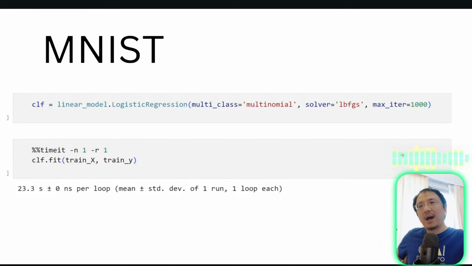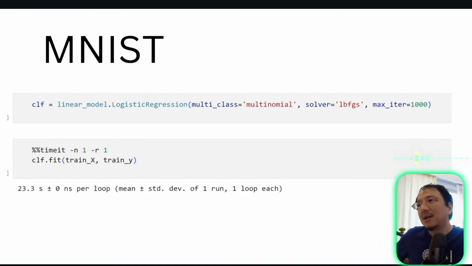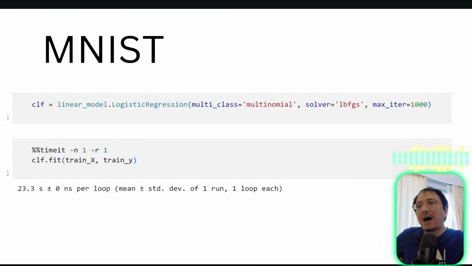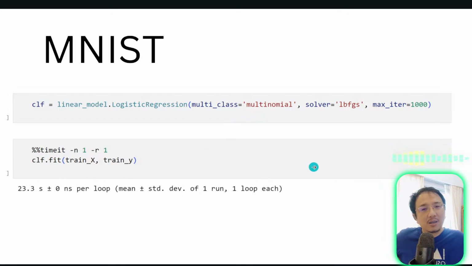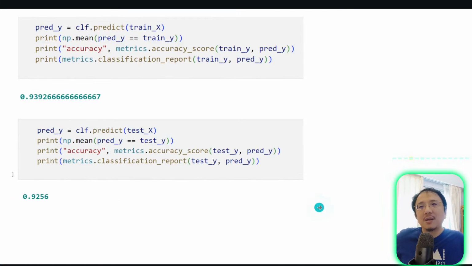Okay, finally, we can also apply logistic regression on MNIST if we are using the multinomial way to do the multiclass classification. If we do it directly, it can be done pretty quickly. You can run it in like 23 seconds.